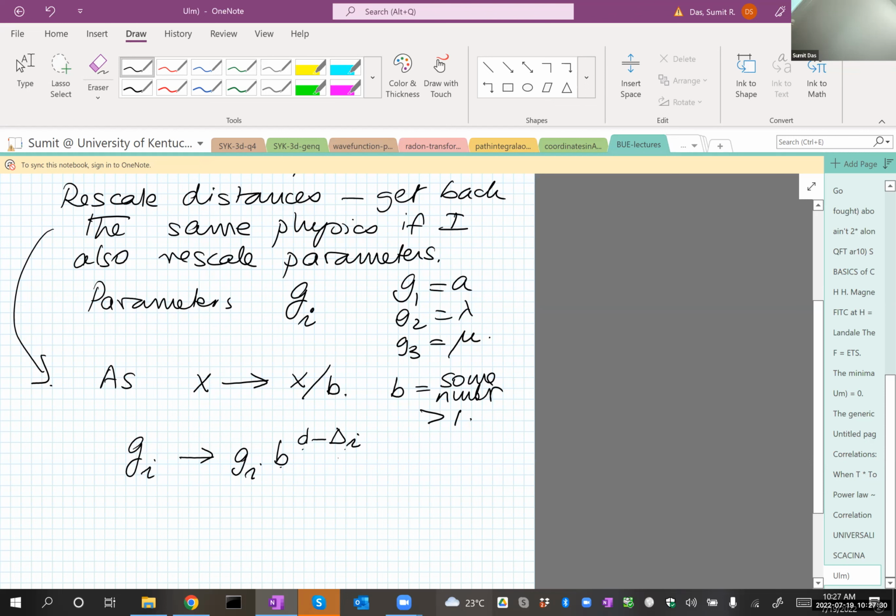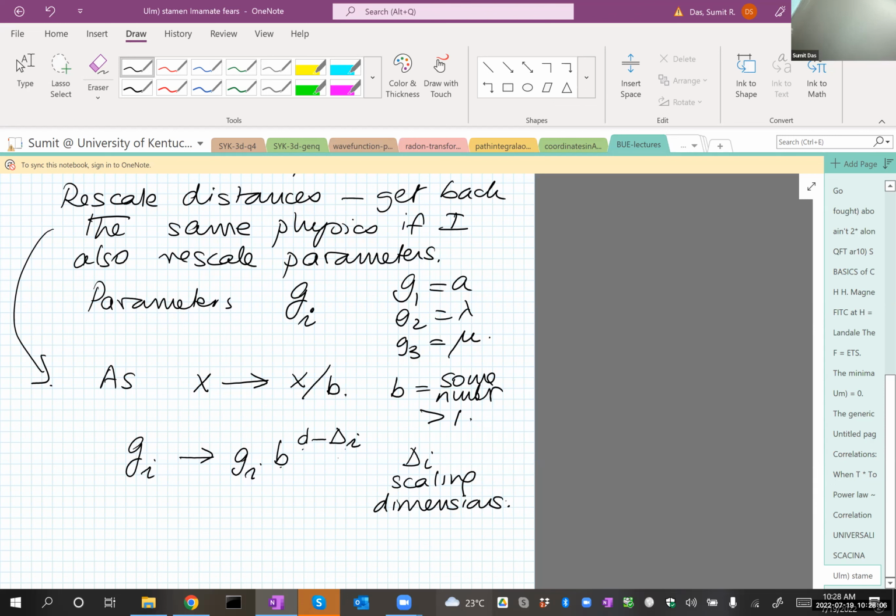The reason I wrote it like d minus delta i is just a convention. You could just call it some other number. These lambda i are called scaling dimensions. The important thing is that near the critical point, all these parameters, pretty much like the correlation function itself, get changed by this rescaling by just some powers of the scaling parameter.